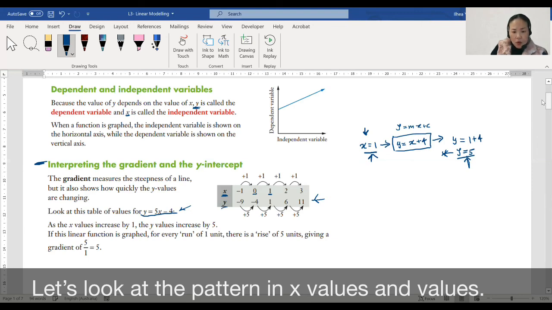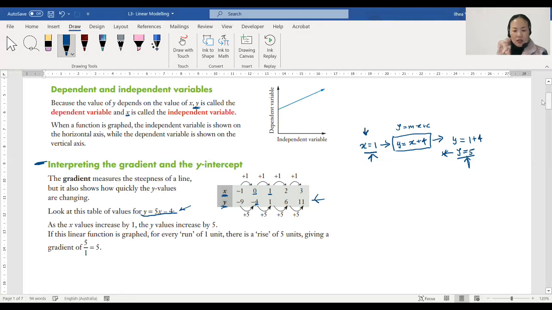And then I'm looking at the y value here. It's going up by 5. So minus 9 plus 5 is minus 4. Minus 4 plus 5 is 1. 1 plus 5 is 6. 6 plus 5 is 11. Okay, so that's not too bad.